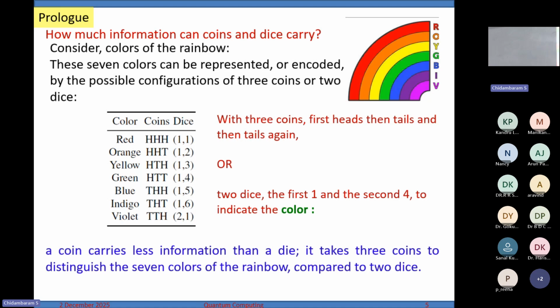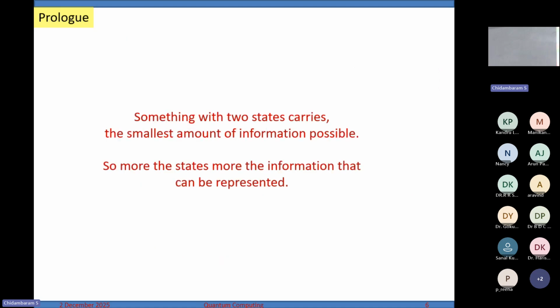Imagine if I am going with a quantum system, what would I require? So something with two states carries the smallest amount of information possible. That is the classical bit. And if you add more states, you can carry more information. From where are we getting more states? Because of the qubit.